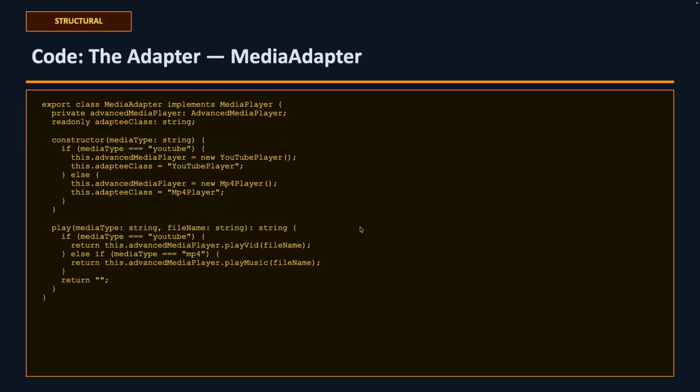So the play method with YouTube becomes play vid, and the play method using the MP4 argument becomes play music. Translation, not behavior. Notice the adaptee class property that's exposed so the UI can show which concrete adaptee was instantiated. Not part of the core pattern, it's just a nice touch for the demo.